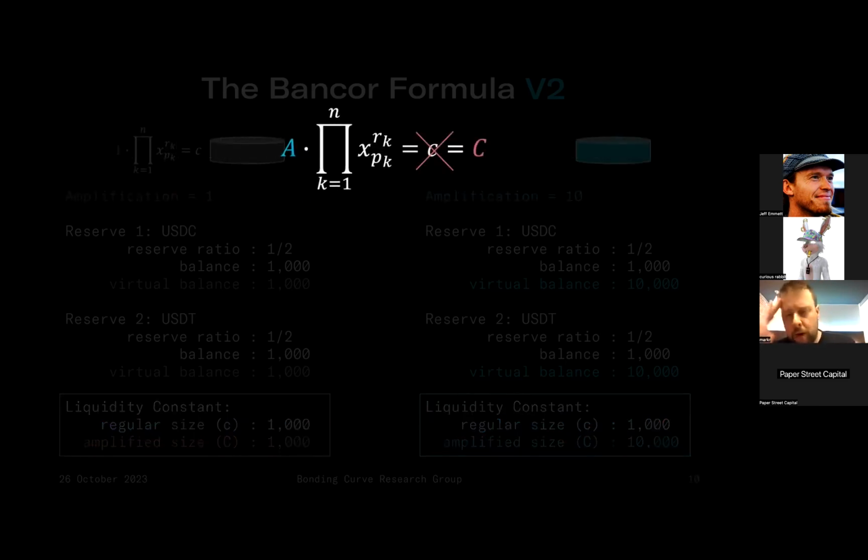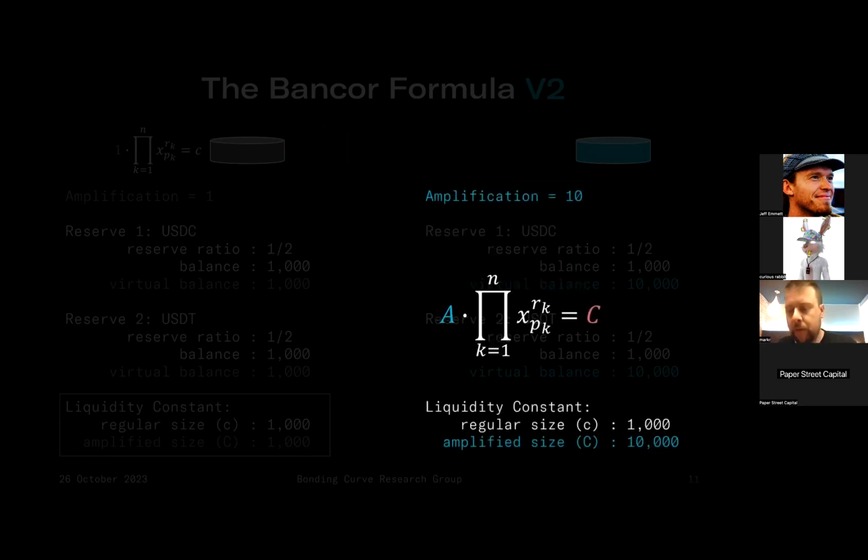So, rather than saying that this amplification coefficient multiplied by the product of all of these virtual balances raised to, all of these real balances raised to their respective weights equaling c, we're going to let it equal capital C. And then it's just a matter of having a look at what is the relationship between capital C and the amplification coefficient.